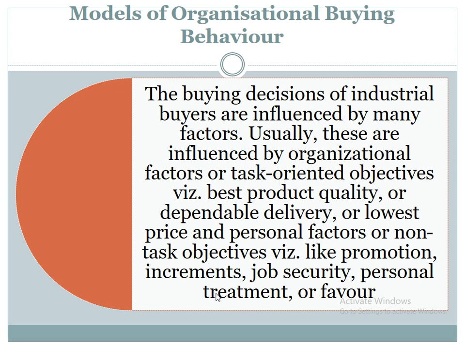The buying decisions of industrial buyers are influenced by many factors. Usually, these are organizational factors or task-oriented objectives, namely best product quality, dependable delivery or lowest price, and personal factors or non-task objectives, such as promotion, increment, job security, personal treatment, or favor.